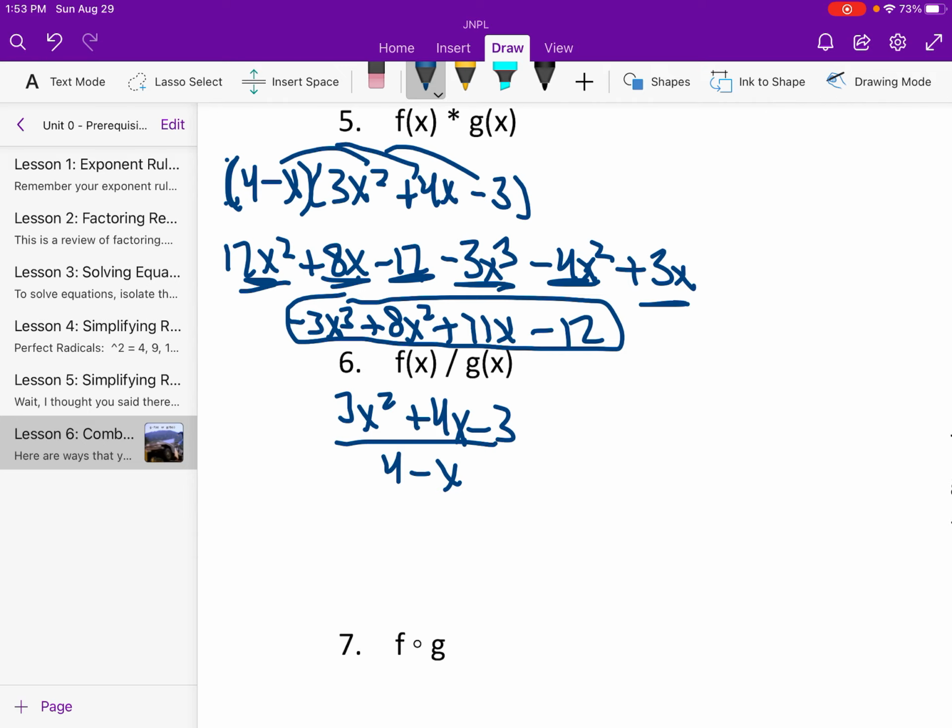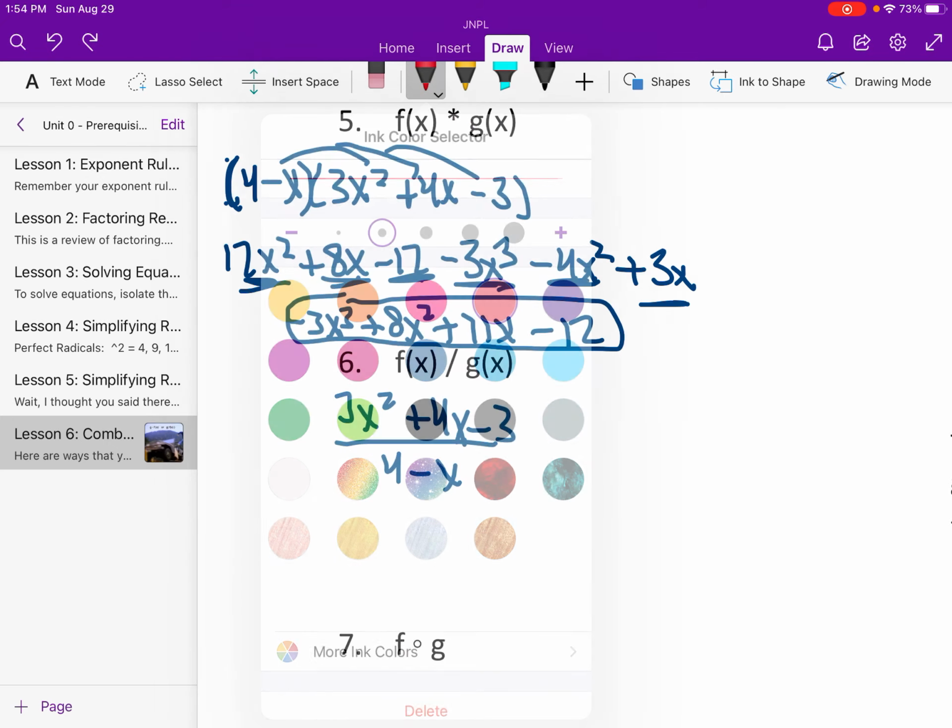I'm not going to actually do this one. Sorry about that, because that would require its own lesson, because that's pretty complicated. This is not really even a part of this unit anyways. Really the only thing that they want you to know is what we're about to do. So sorry about that, but we're going to not do number 6.